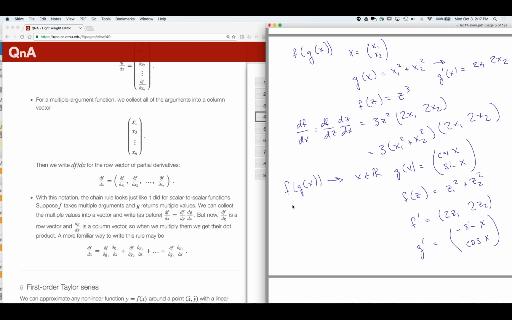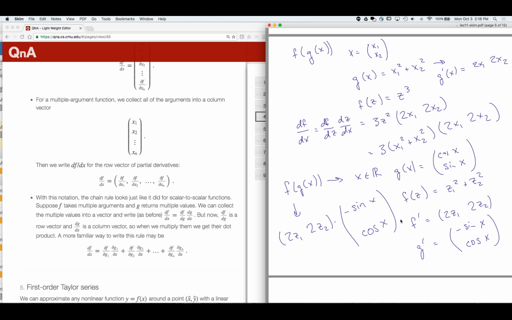And so the derivative of this is then going to be 2z1, 2z2 times the vector minus sine x, cos x. And that is there, right?